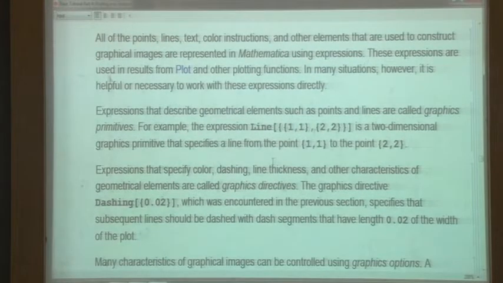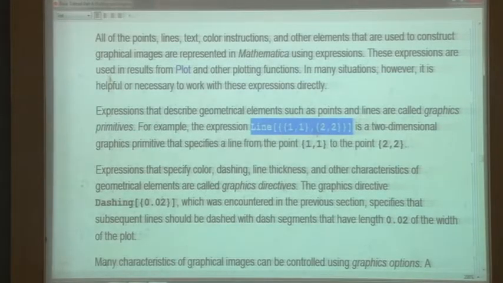So now we can talk about the graphical elements. We can again create graphical objects using a combination of what we call graphics primitives. Graphics primitives can be something like line, point, circle. If you want to create a line from point 1,1 to point 2,2, this will be the command.